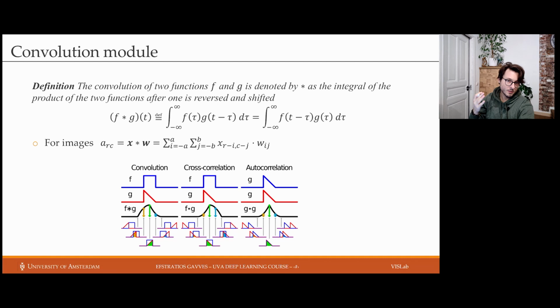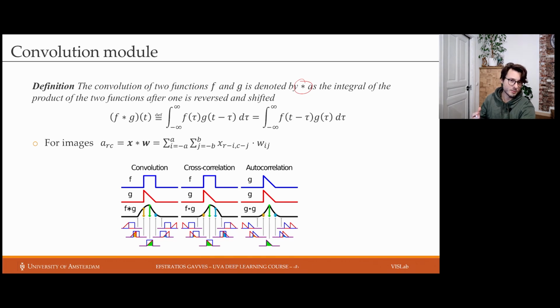So what is actually the convolution operation? How is it mathematically defined? To be precise, the convolution of two functions is denoted by this asterisk, and it's actually the integral of one function after the other one is reversed and shifted. So if we take this integral, we have actually the convolution.